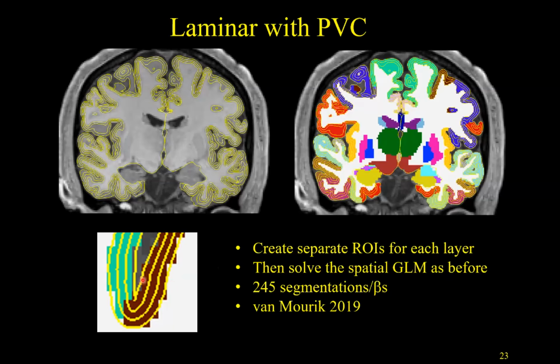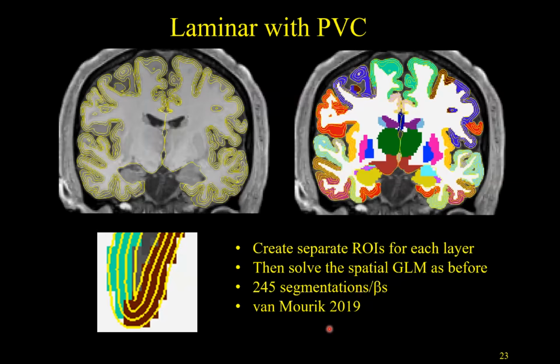So I'd have one for the first layer, one for the second layer, one for the third layer. And so instead of having one ROI, now I have 3 ROIs. And I would do the same thing with the green. So instead of having 109 segments in this volume, I'd have 245. So 245 labels, and so 245 betas.